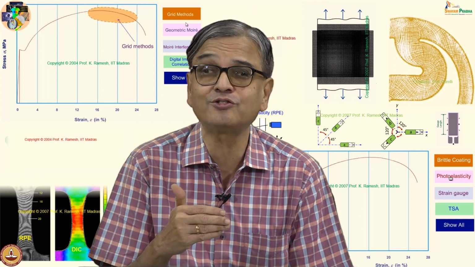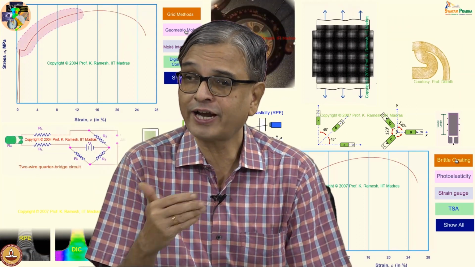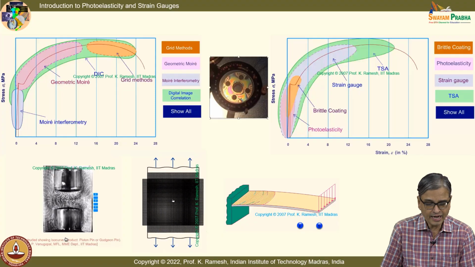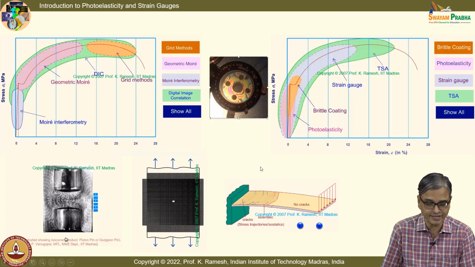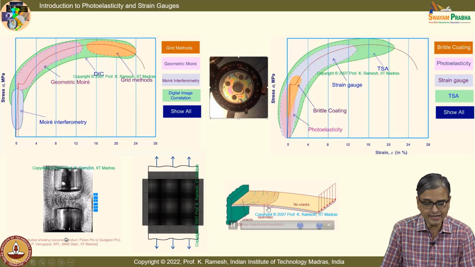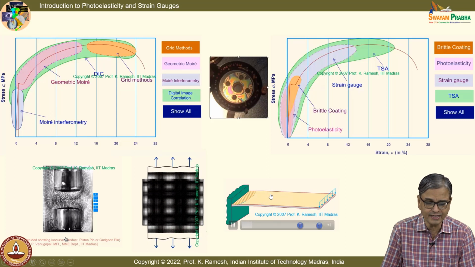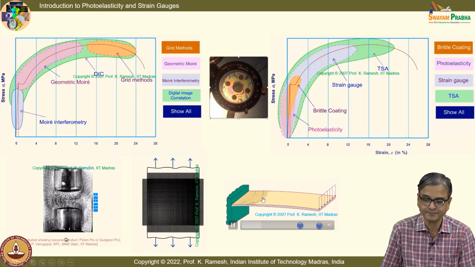Here, crack is used as a measurement tool to find out what is the level of strain introduced, and it is used in conjunction with strain gauges. That is what we are going to discuss in detail. So, the idea is you can minimize the number of strain gauges if you know what is the direction of the principal strain at that point of interest.